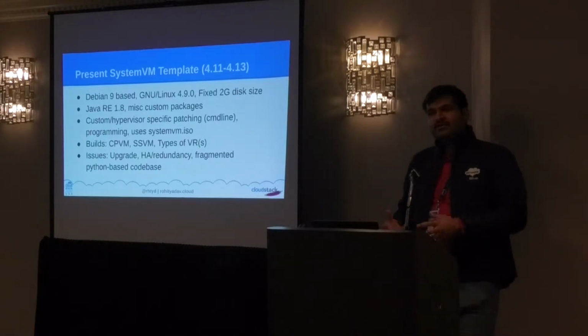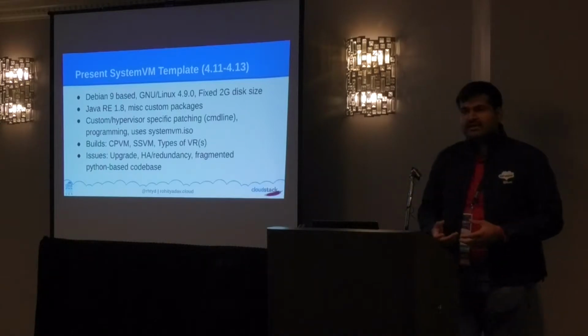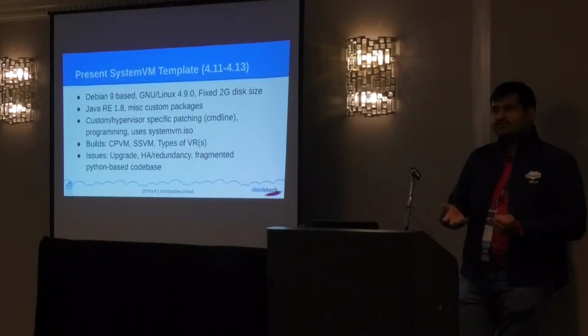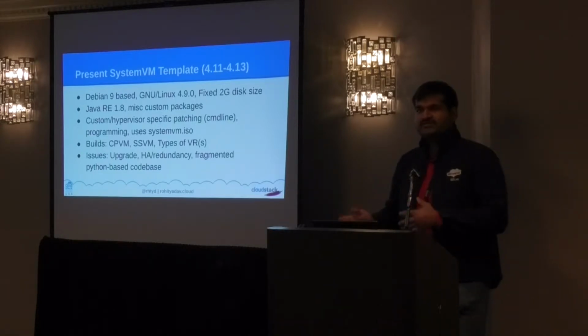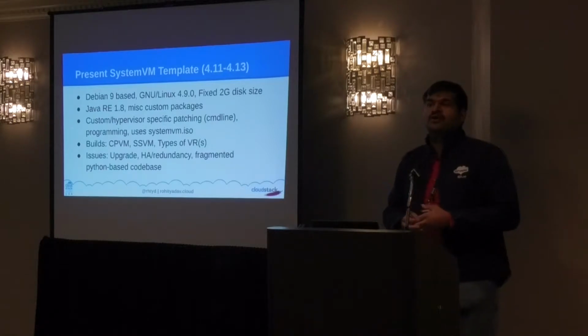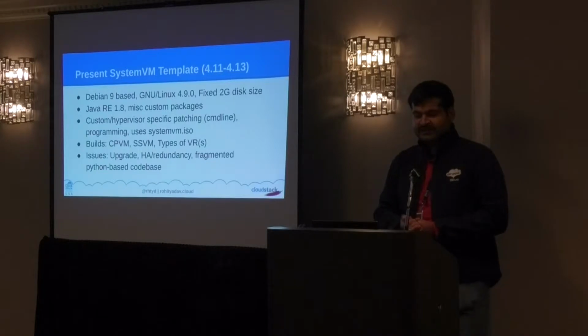Depending on the command line and the systemvm.iso, these 2 payloads, we can graduate or patch a systemvm template to become either an SSVM, CPVM, or different kinds of VRs, like your redundant VR, your shared network VR, or your isolated network, your VPC-based VR, and things like that.